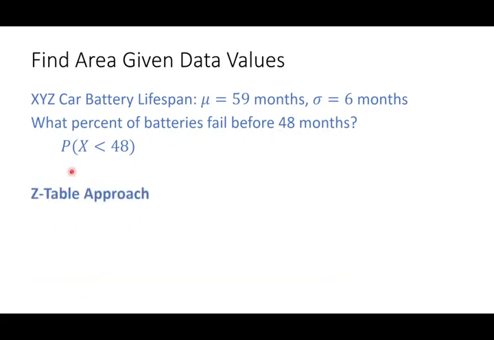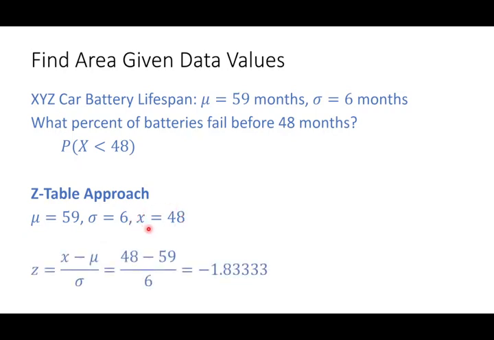The alternate approach is the z-table approach. It's not better or worse. It's a little more work, but it has a benefit of kind of tying into some of the later stuff a little bit better. But either way you want to go is fine. So in a z-table approach, the first step is converting the number of interest to a z-score. So we're going to take the 48, and that's our x.